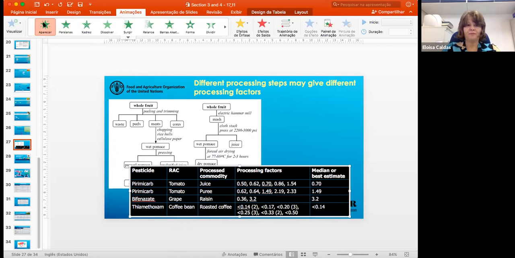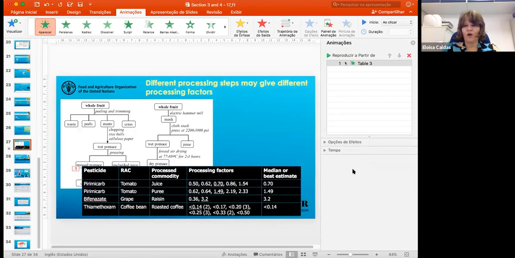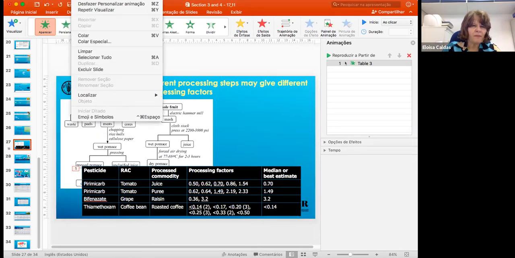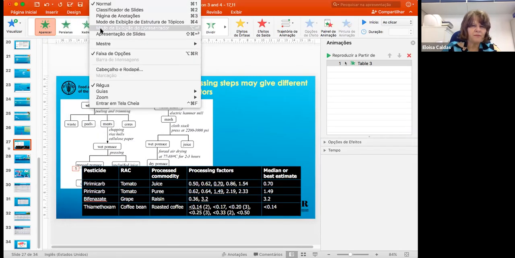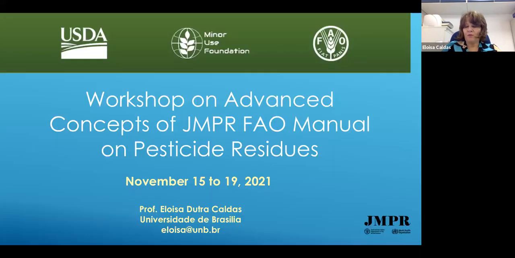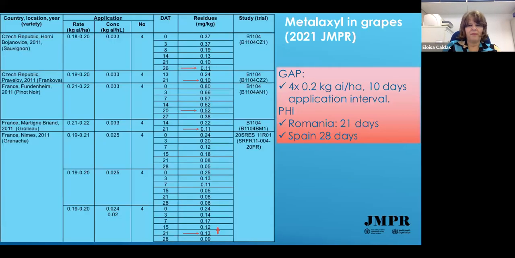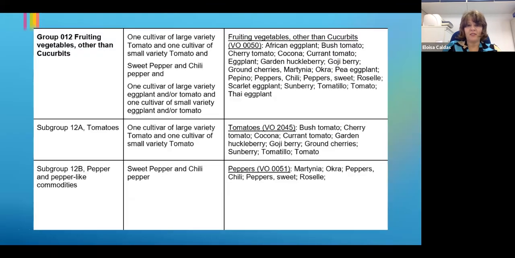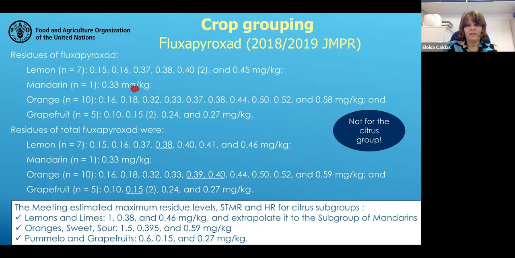It's very common to have a variety of processing factors for one single processing. Actually, a paper of mine was just accepted in Food Chemistry, and there were processing studies over there on passion fruit.